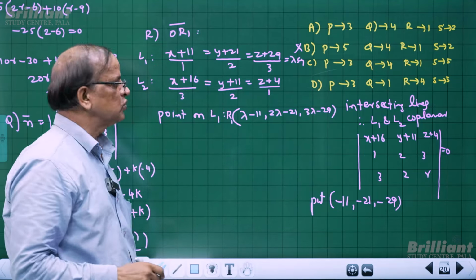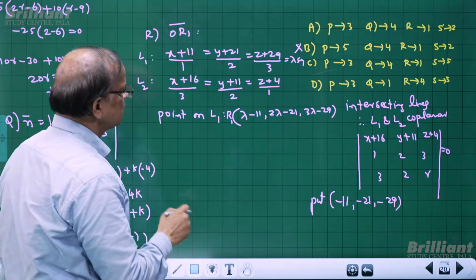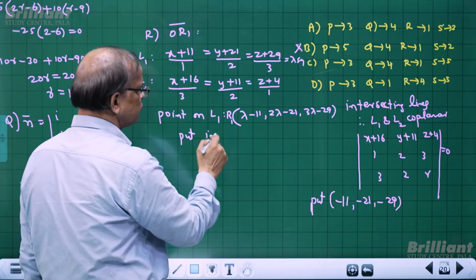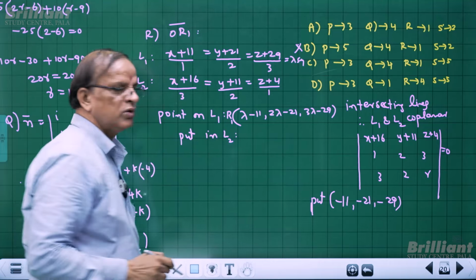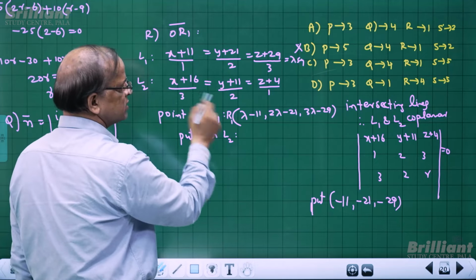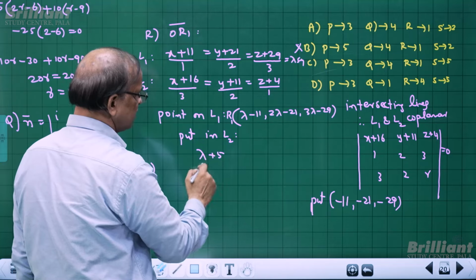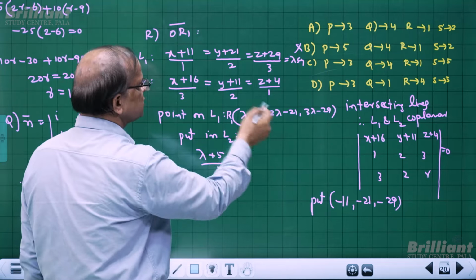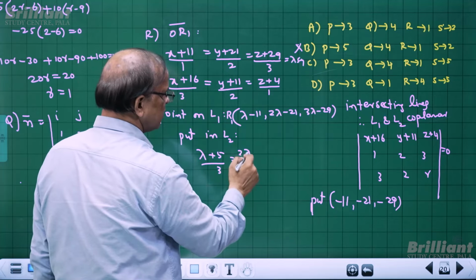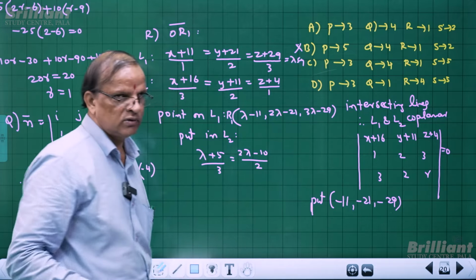We will substitute this in the second line, L2. So, what you will get here is lambda minus lambda plus 5 by 3. Substitute this here, 2 lambda minus 10 by 2, and the third.